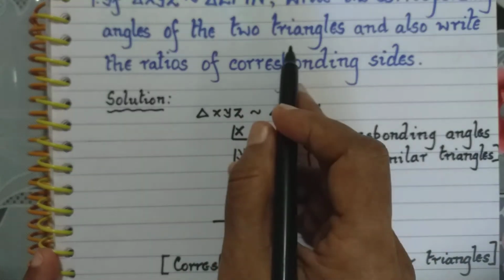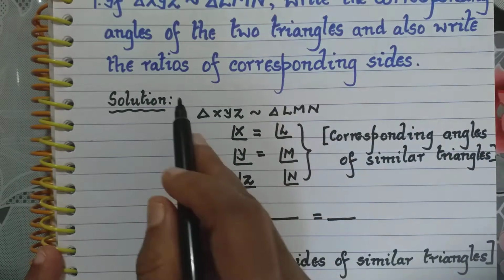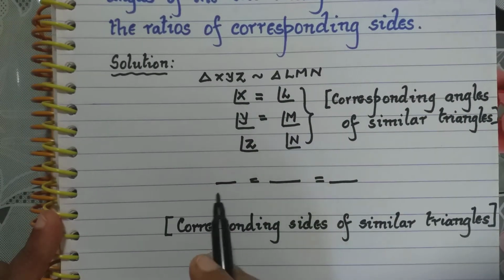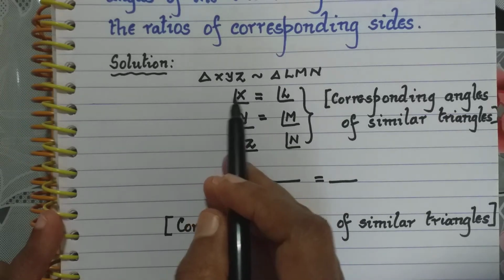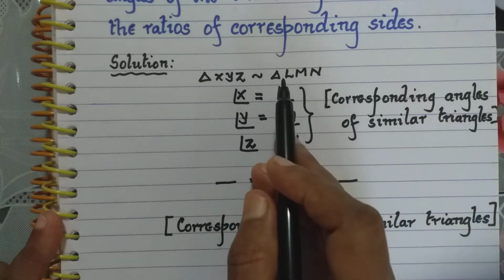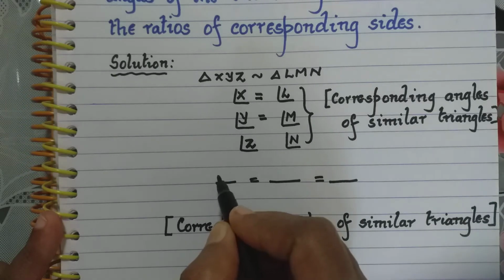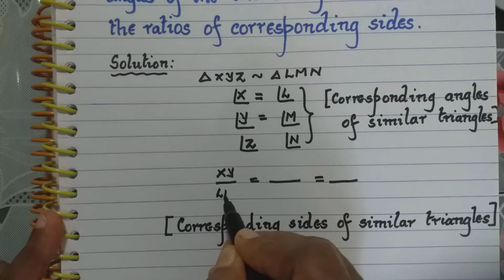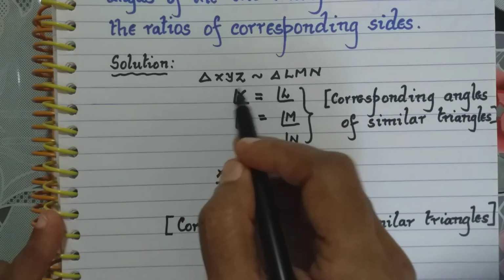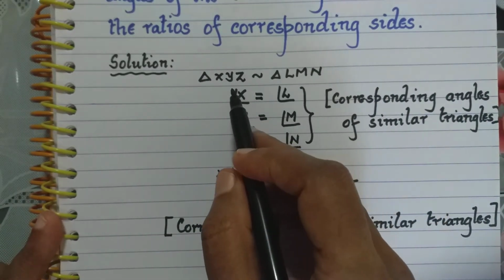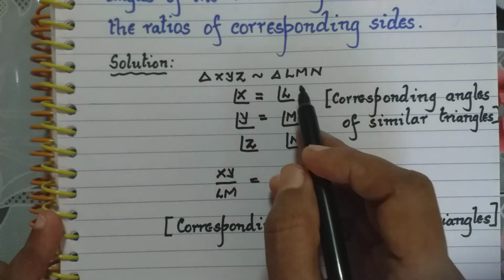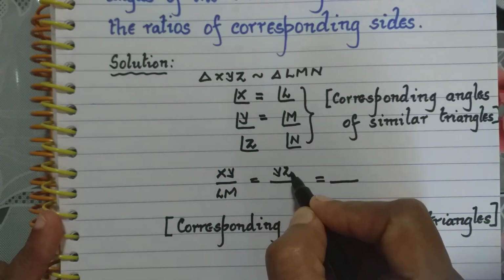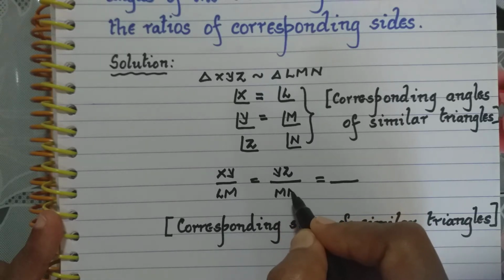They ask for the corresponding angles of the two triangles and also the ratios of the corresponding sides. Now corresponding sides, so how to write? XY upon LM. These were the first two alphabets. Now the second two alphabets, YZ and MN, so YZ upon MN.